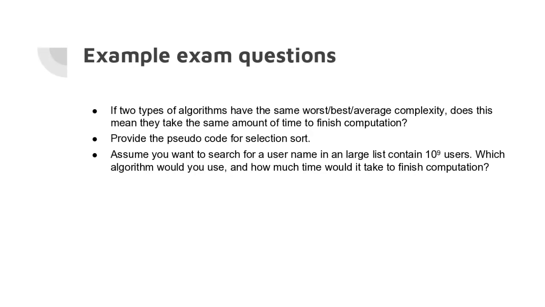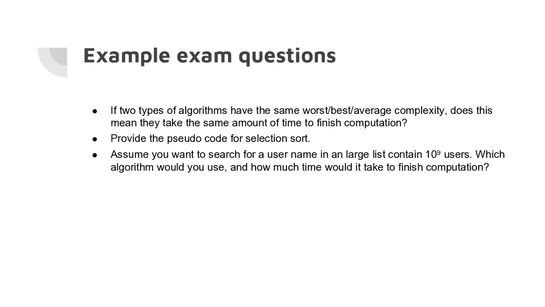So even selection sort and quicksort, they have a different complexity, but that doesn't mean that quicksort is faster than selection sort if the input size is really small. So with time complexity, you're really looking at large numbers of n. And in the limit, if they have the same complexity, that means they take about the same amount of time, but it really depends on the constant factors.